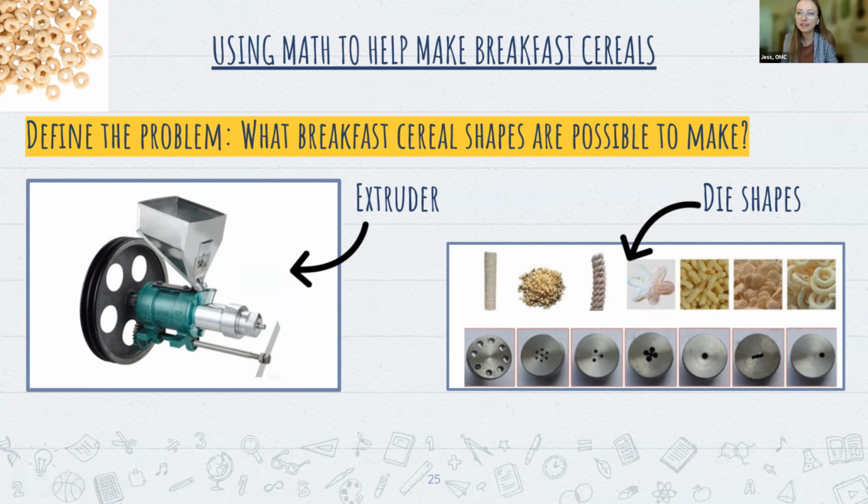If it didn't, it would be very simple: you'd just want a die shape the same as the cereal shape. But because it expands after leaving the die, they needed mathematical modeling to figure out how the wet cereal would expand and what shapes it would create as a function of the shape of the die on the extruder.